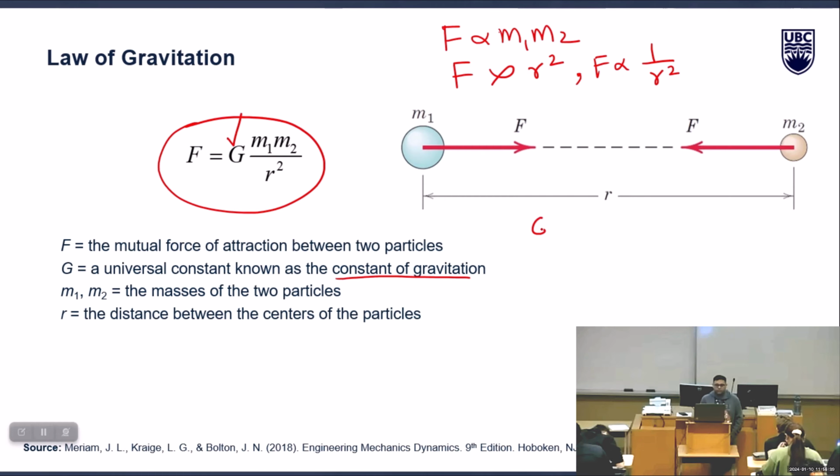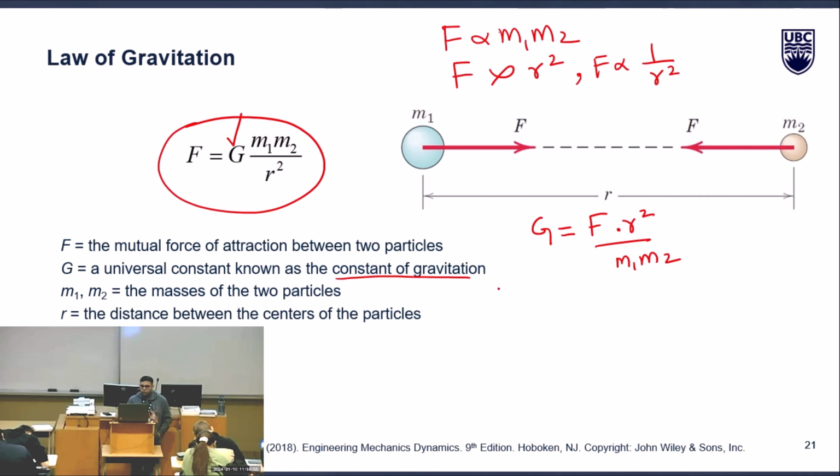G will be, according to Newton's law of gravitation, F times r square over m1 m2, right? So let's now use that expression to work out the units of capital G. First do it for the System International, and then we can repeat it for the US customary units.